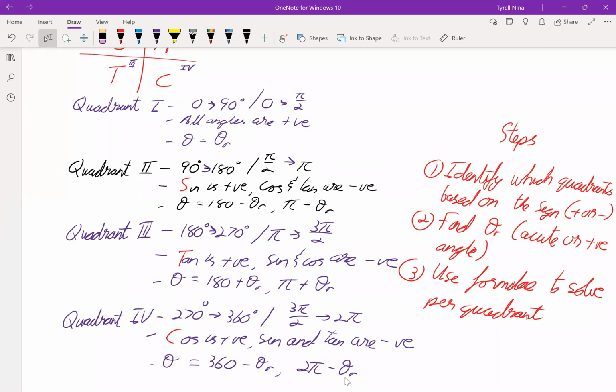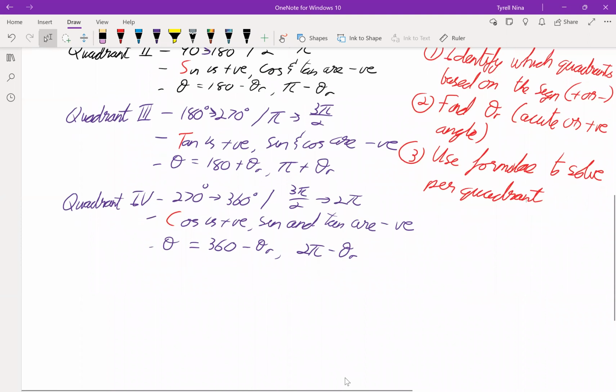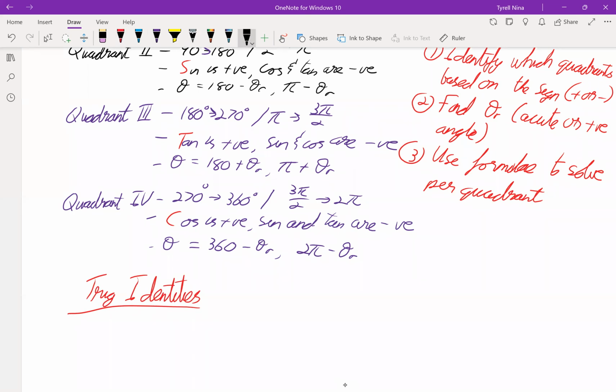All right. So the next one. So now the trig identities. So here are the need to know ones. 1, sine squared theta plus cos squared theta is 1. That's the one you need to know.